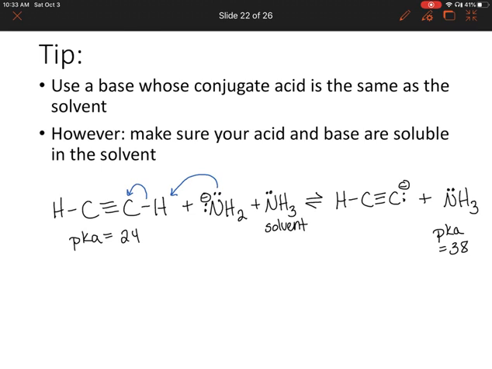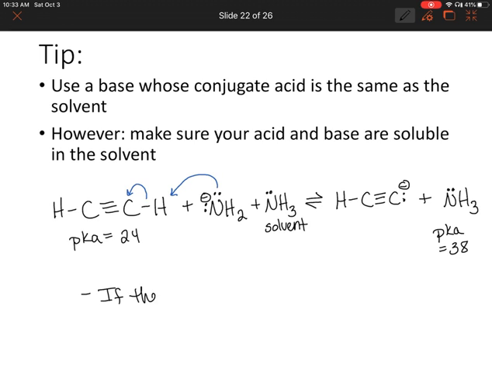So that's important too. Now, if, for instance, the conjugate acid is not a common solvent, so let's say you get a conjugate acid that precipitates or something like that, then you'll just want to pick something that has a high pKa value.